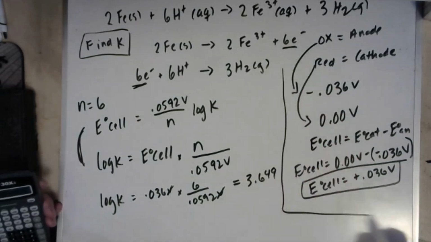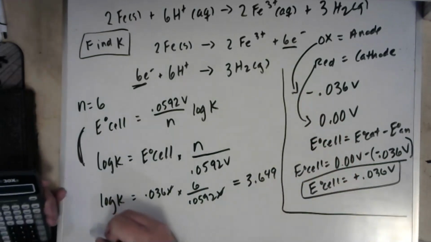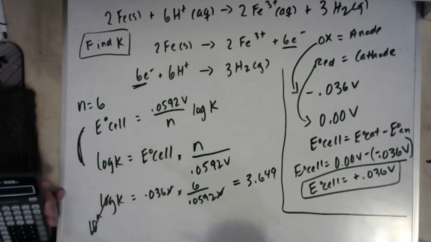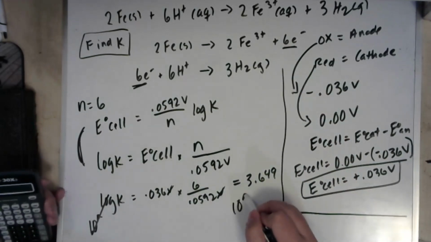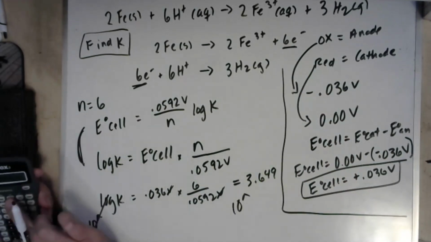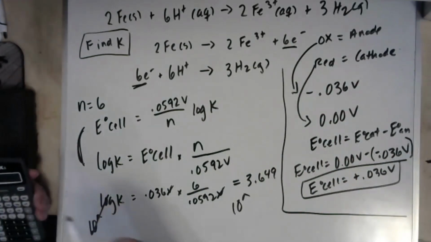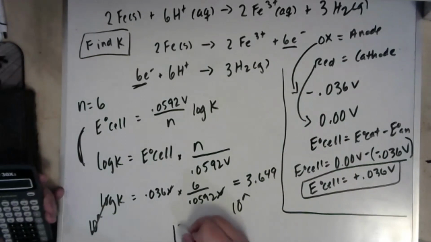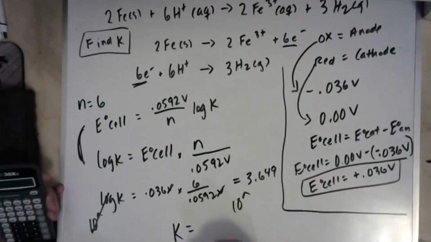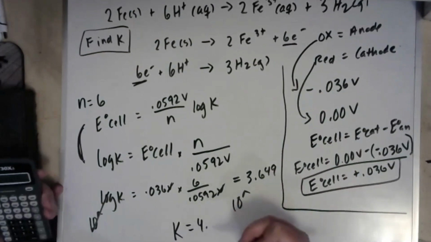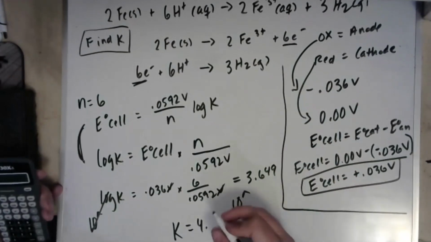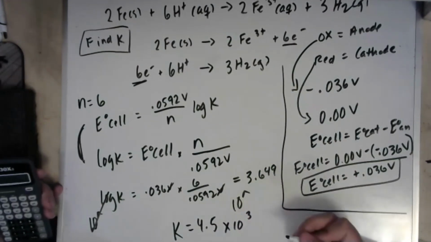Just make a little box around there. Okay, so we're going to raise both sides to the 10. And K in this case is going to be equal to 4.5 times 10 to the positive 3.